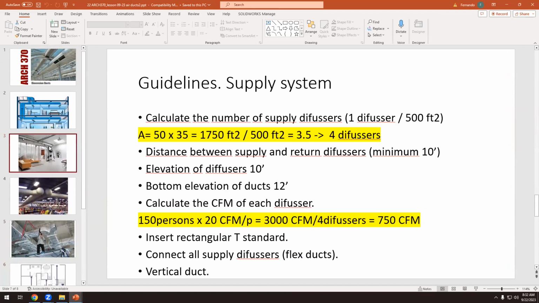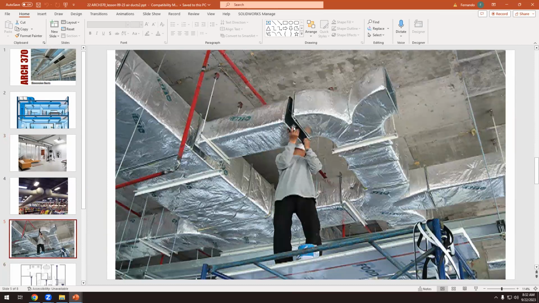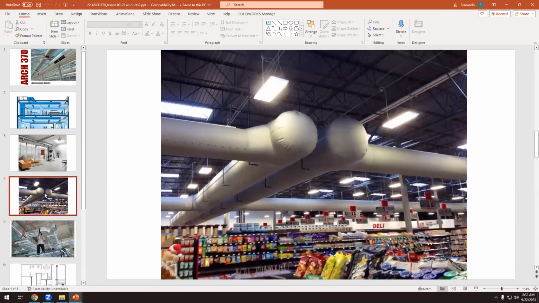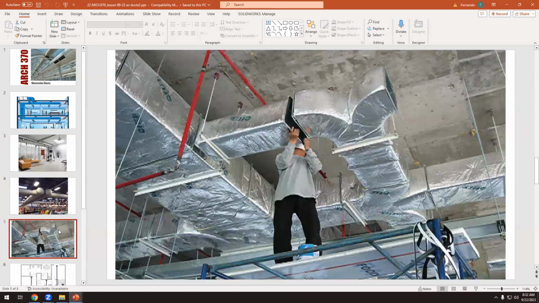So we can have exposed ducts, we can have hidden ducts. Usually when they are hidden, they are rectangular and wrapped with insulation. When they are exposed, they are round because it's nicer. Anyway, that's the real stuff. But think about this guy.